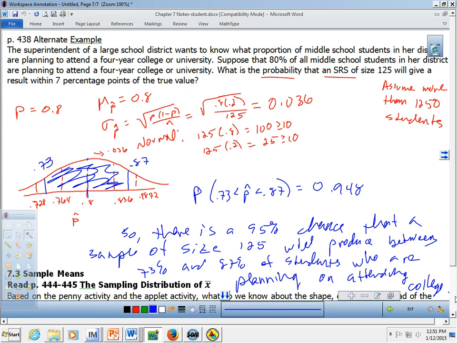It gets kind of wordy, but that's what that means. There's about a 95% chance that we'll take a sample, and the proportion of students planning on attending college will be somewhere between 73 and 87%.